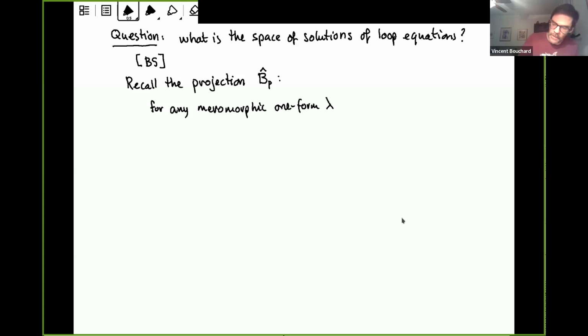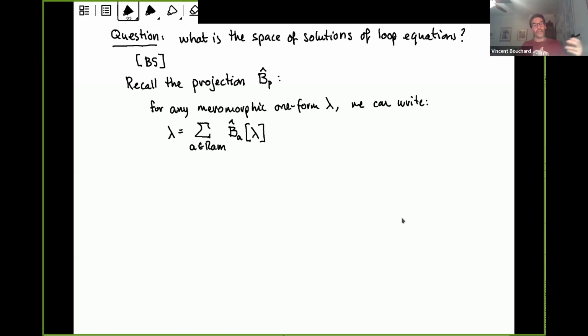So what it means is that for any meromorphic one form lambda, we can always decompose it in the following way. We can write lambda as being, so we're going to distinguish again the ramification points. These are the important points. So we can always project the one form at each of these points.